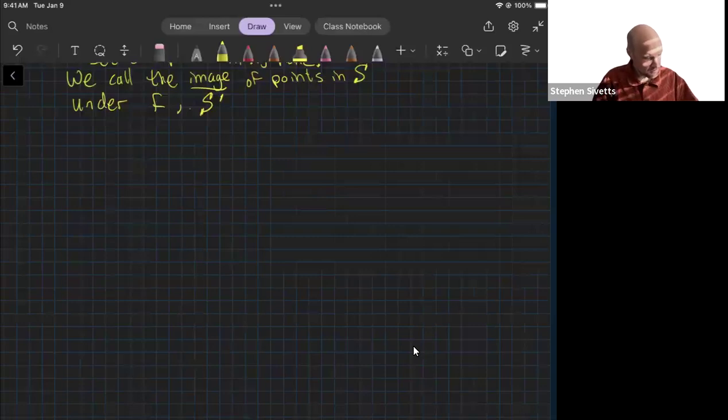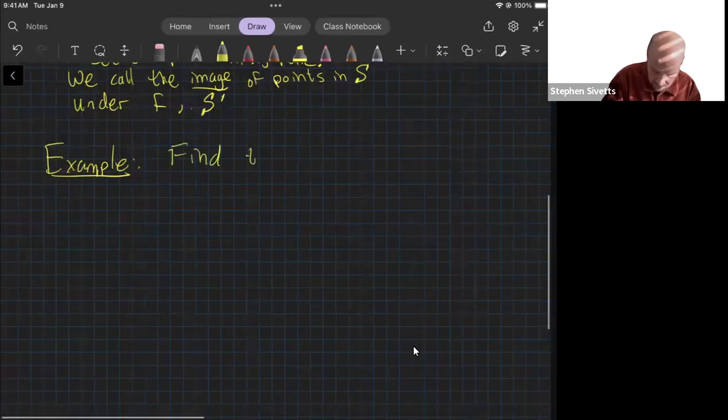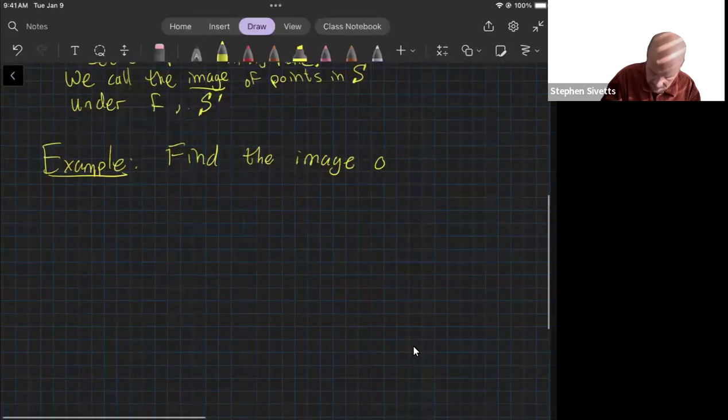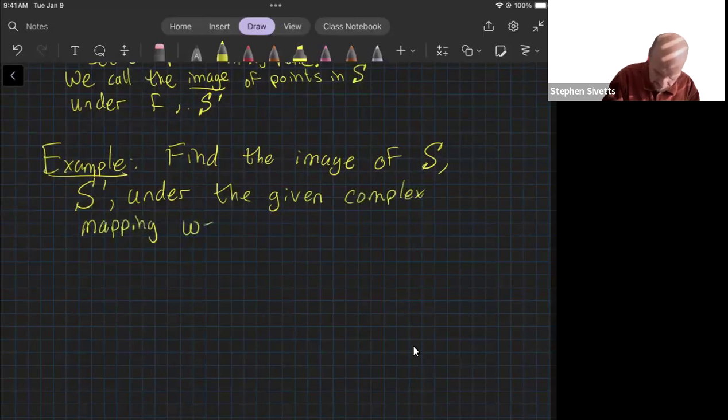For an example, let's look at this example here. We want to find the image S prime of S under the given complex mapping w equals f of z.